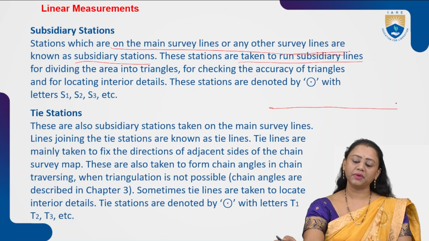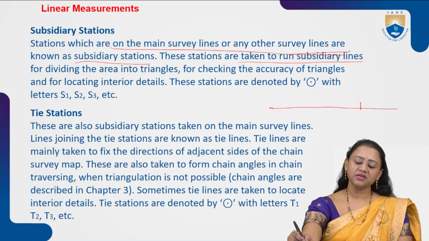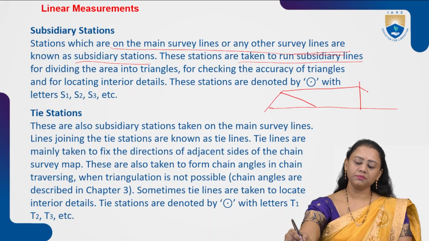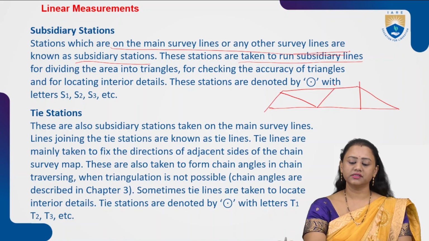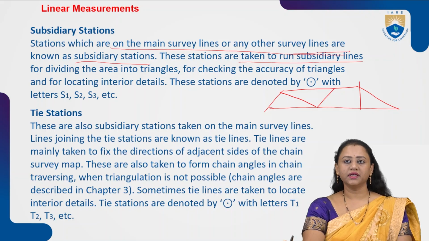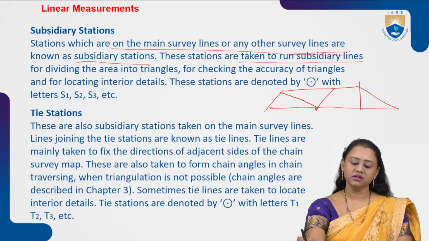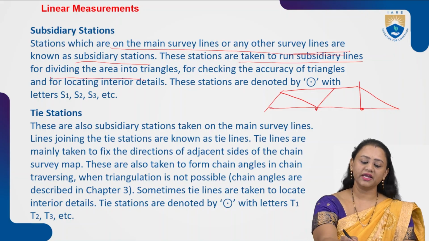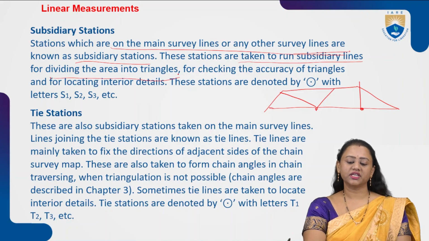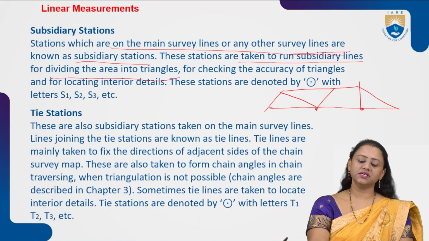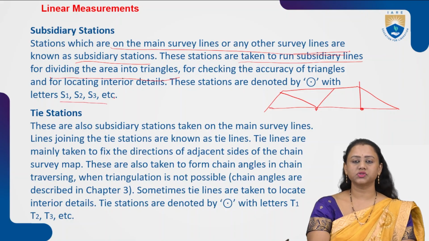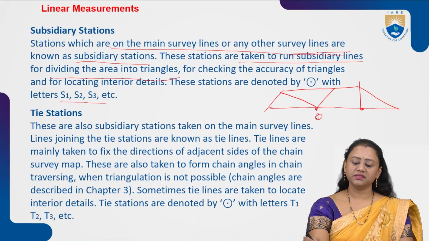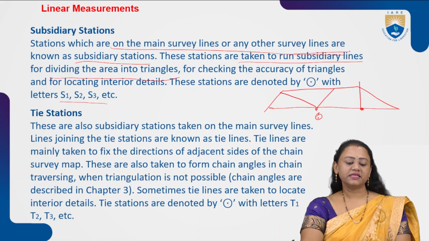As we take the main line, we take some subsidiary lines to convert the given plot into a number of triangles. These subsidiary stations are taken for the purpose of dividing the area into triangles and checking the accuracy of the triangles. They are denoted by the letters S1, S2 and S3 and by this symbol.